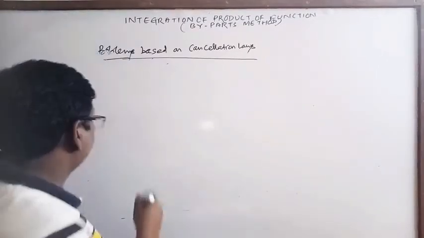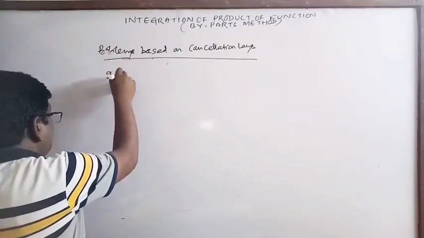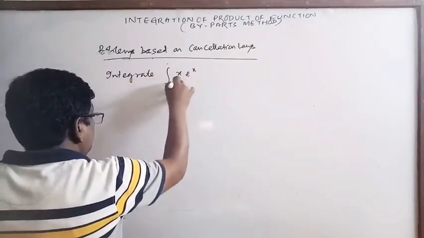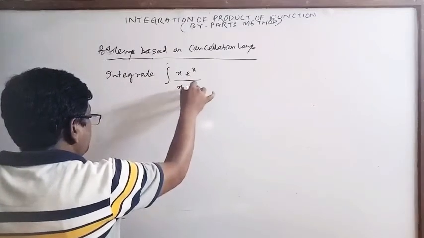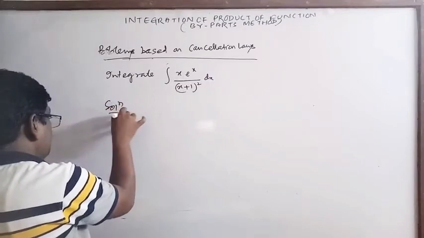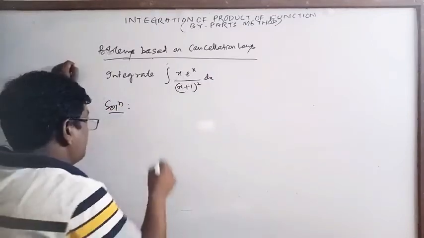Another question. Integrate x e to the x divided by (x plus 1) whole square dx. So the solution is: we have to write x as x plus 1 minus 1.